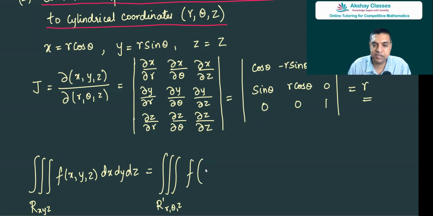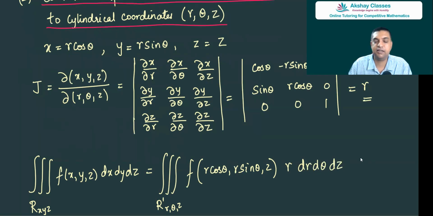The function is changed to f of r cos theta, r sine theta, z times the Jacobian modulus, which is r, and dr d theta dz. So again in cylindrical coordinates, the volume element changes from dx dy dz to r dr d theta dz. This is the volume element.